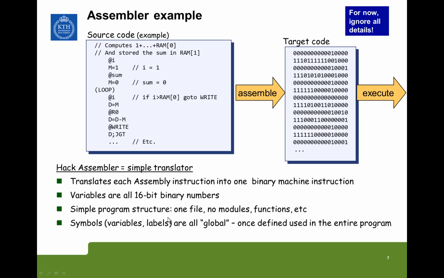We have one file, with no modules, functions, subroutines, etc. Also, the translation will be relatively simple because all symbols, variables, and labels are global. Once they are defined, they are used in the entire program. This means that the allocation of memory will be relatively simple.